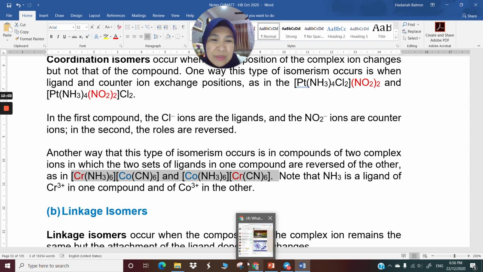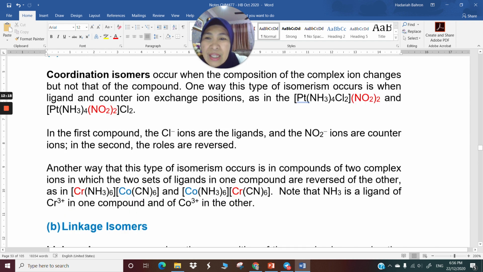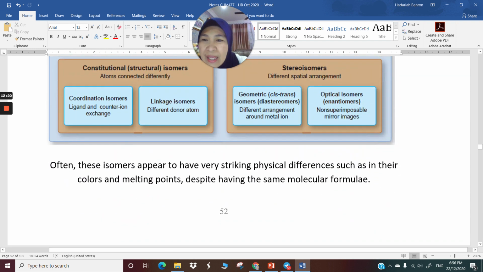Note that ammonia is a ligand of chromium 3+ in one compound, and it becomes a ligand of cobalt 3+ in the other compound. So those are two examples of coordination isomers where you have ligand and counter ion exchanging.